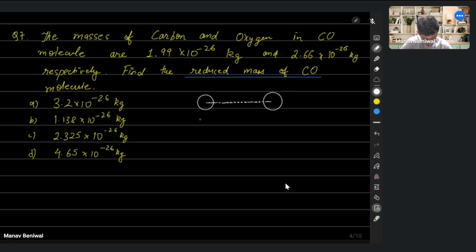This is carbon, and this is oxygen, and the mass of carbon is given to us as 1.99 times 10 to the minus 26 kg, and oxygen is 2.66 times 10 to the minus 26 kg.